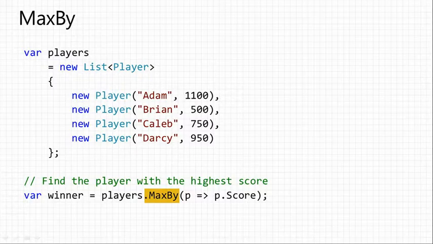MaxBy goes through and does the same test, but instead of giving you the max value, it gives you the item from the list that has the max value. So if you're looking for the best player, you can go through the list once and find him or her, instead of having to do one scan to find the highest score and another scan to find the player with the highest score.